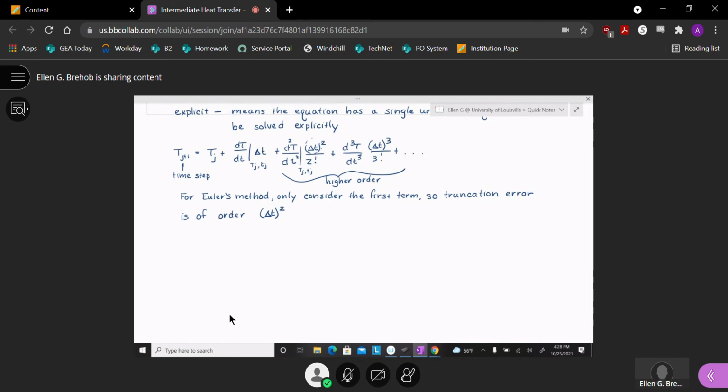And if you could get to a delta t cubed or a delta t to the fourth, that's even better. So there's often more complexity to reduce your truncation error. But yes, you made a very good point: to reduce our error, we want to pick small delta t's. We don't have a whole lot of experience in this yet, but yes, smaller delta t's are going to be better.